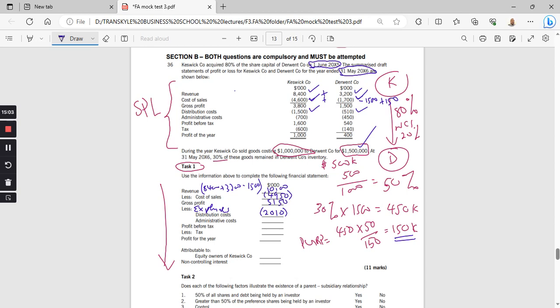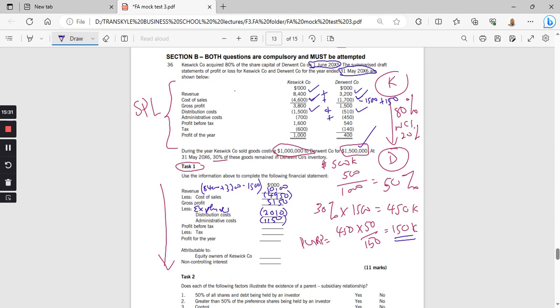Okay. Now, administrative costs, you just have again to take across. Just add across, it's 700 plus 450. That is actually 1150. So that's 1150 in brackets.